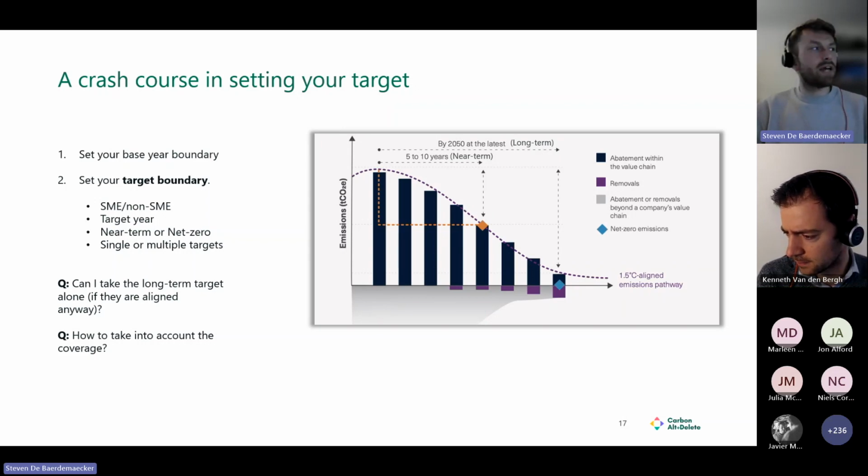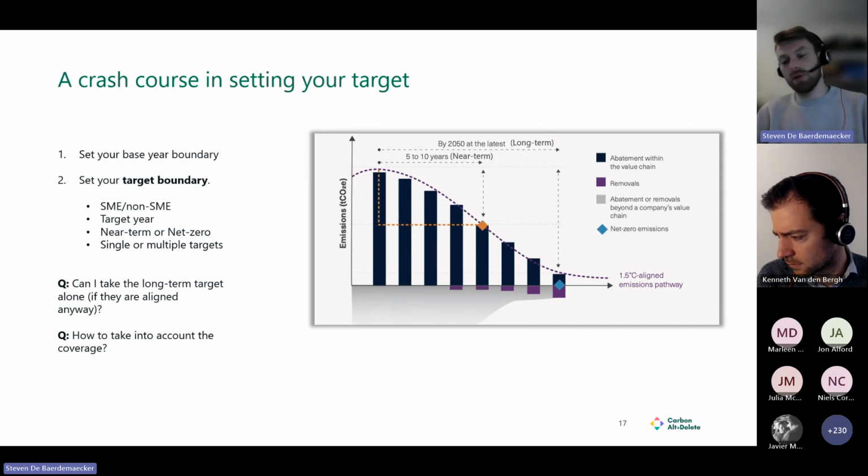Today I will focus more on the non-SME aspect, but I will show during the demo how you can apply your company size in our app. The last important point to keep in mind is that the SBTi also gives the freedom to account for a single target for scope 1, 2, and 3 together, or with multiple targets, even between scopes or intra-scope. I will also address shortly how we tackled that in our tool.